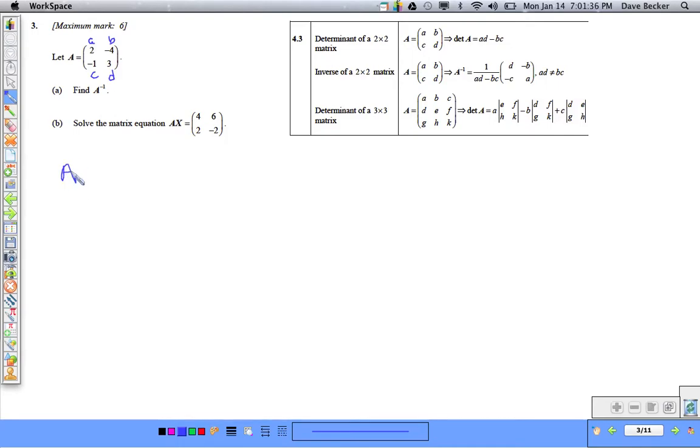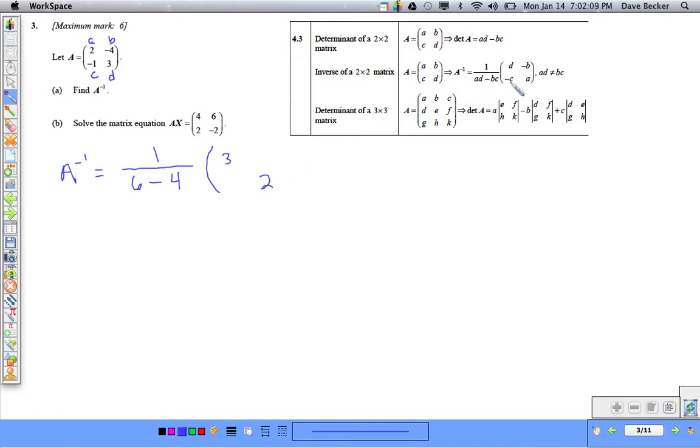So the inverse matrix is going to be equal to 1 over, and look, this AD minus BC is just the determinant of the matrix, which I know you have done. So that's going to be 2 times 3 is 6, minus negative 1 times negative 4 is 4, times, okay, remember, we just switch these. The A and the D switch, so this becomes 3, and this becomes 2.